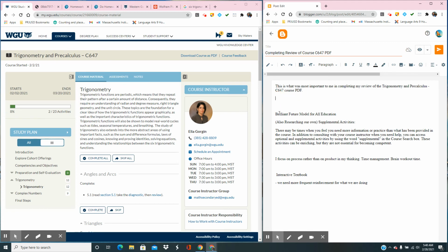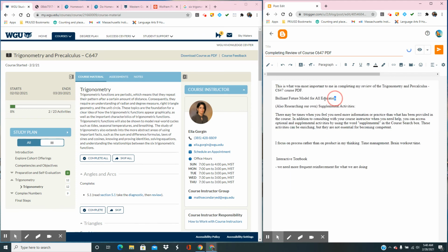I don't even need all that stuff. Bold, underline. Regarding the pacing guide, bold, underline.